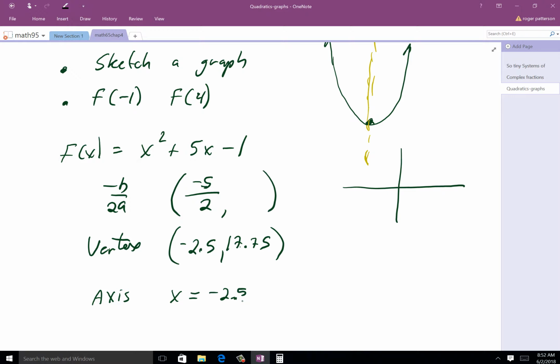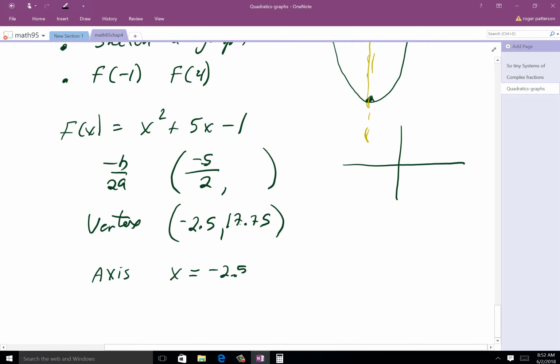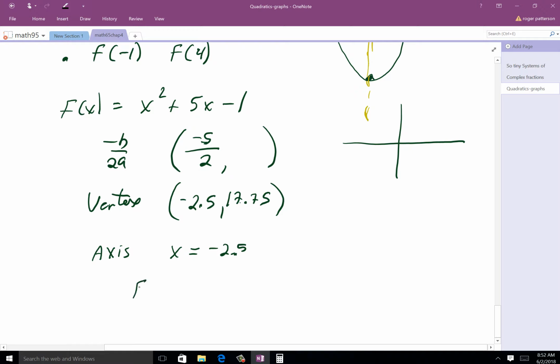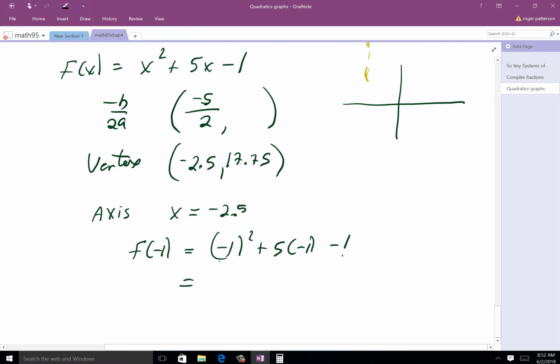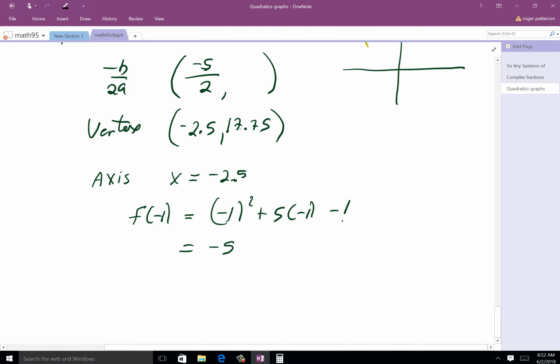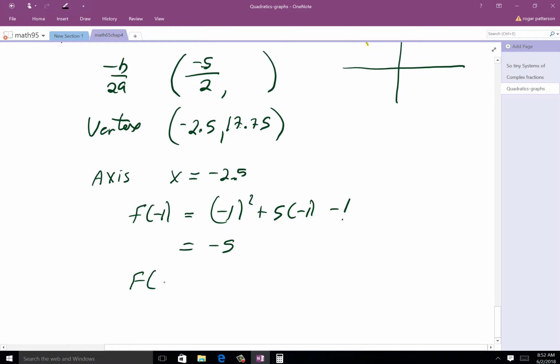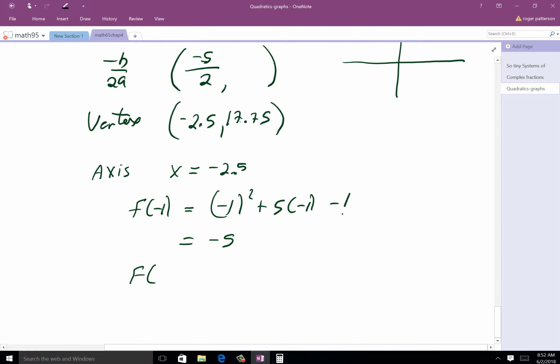Sketch the graph already, and then they want me to know what f of 1 and f of 4 is, so you guys can do these. We're just going to plug those in and figure them out. So this is going to be negative 5. And I just picked these numbers because they picked some numbers too.